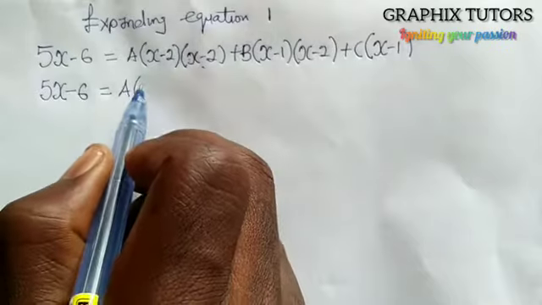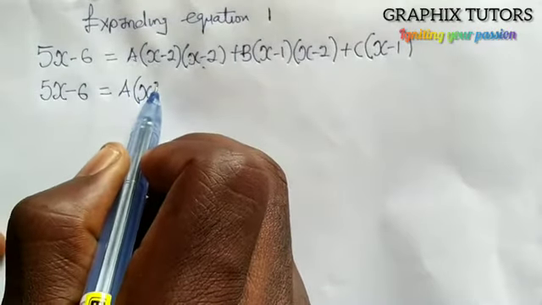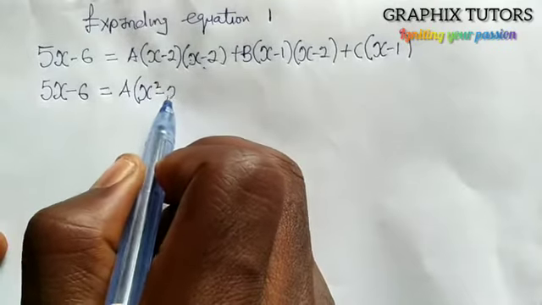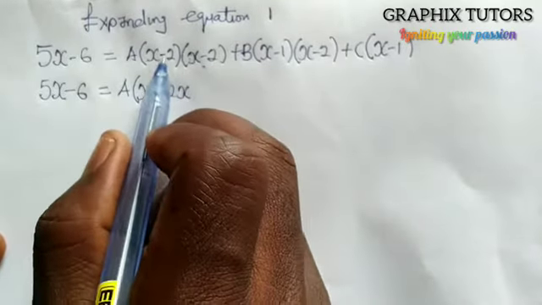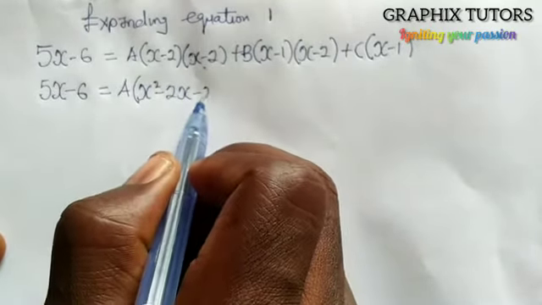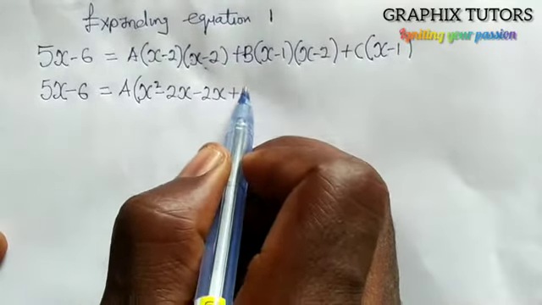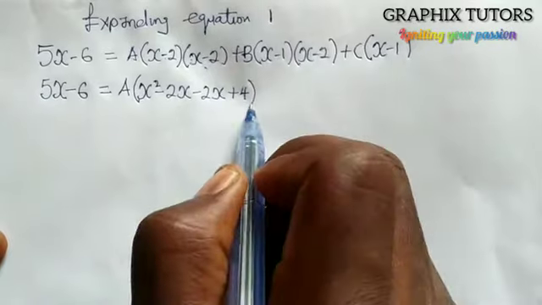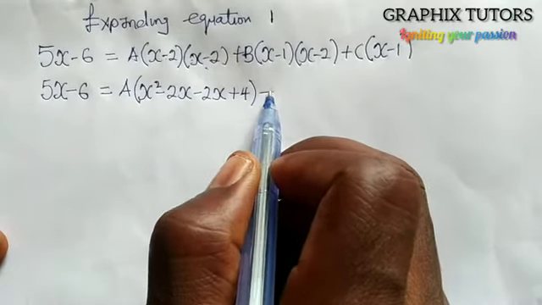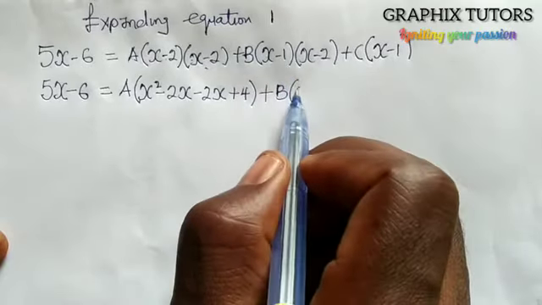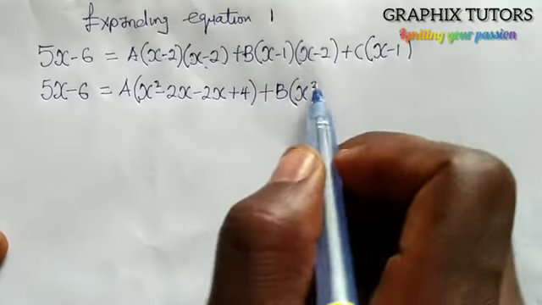X times x is x squared. X times minus 2 gives you minus 2x. Minus 2 times x will give you minus 2x. Minus 2 times minus 2 gives you plus 4, right? Now, plus b, let's put it here, open this. X times x is x squared.